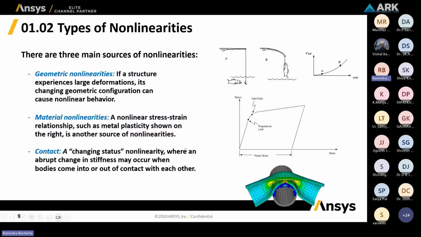So that might also be the reason for the nonlinearities. So these are the three sources of nonlinearity in our structure. Sometimes all three will be included in our problem, and sometimes only one or two things will be triggering our nonlinearities. So we will discuss these things.